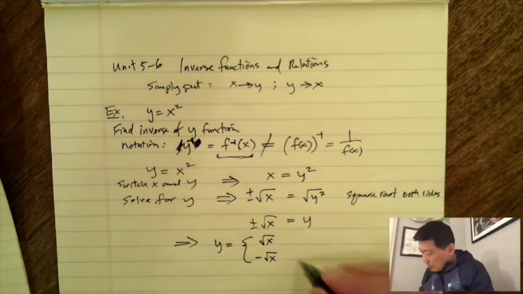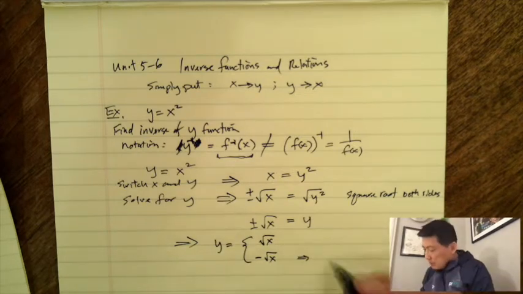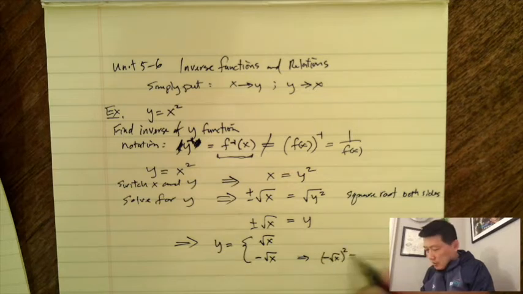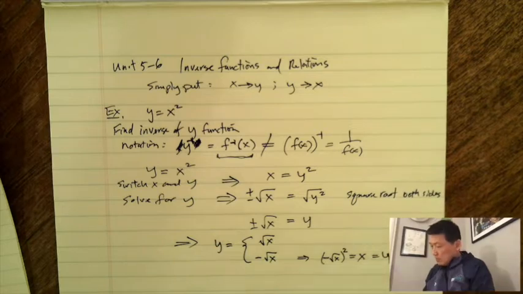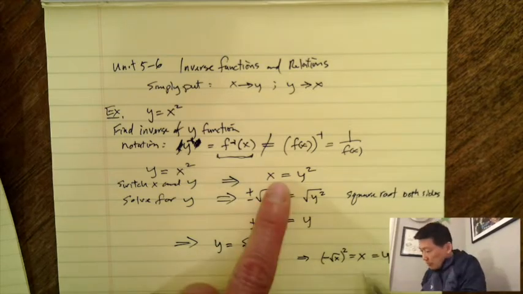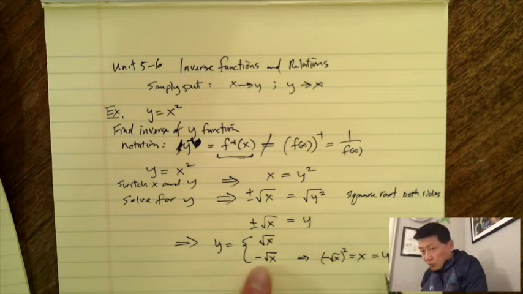Well, it's because, if you think about it, if I take negative square root of x squared, I end up with x, which is y squared. x is y squared. So negative square root of x can also give you y squared.